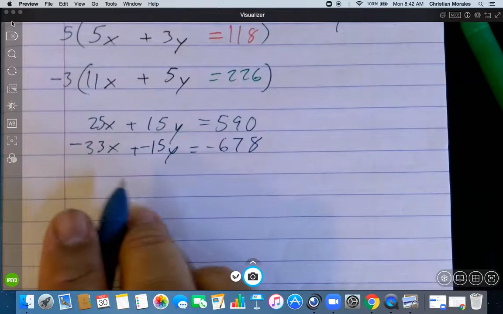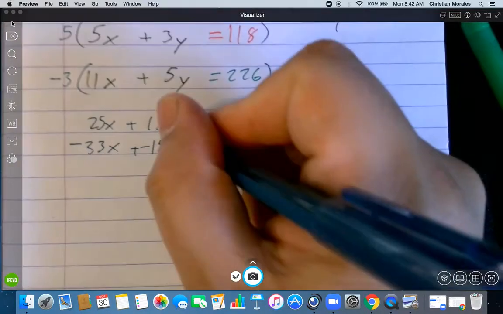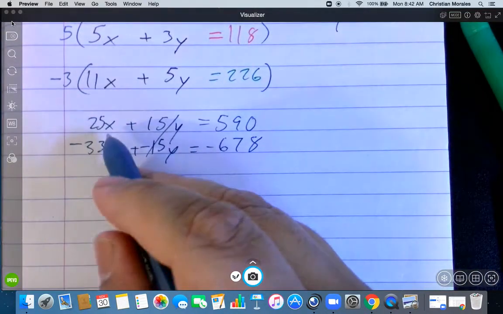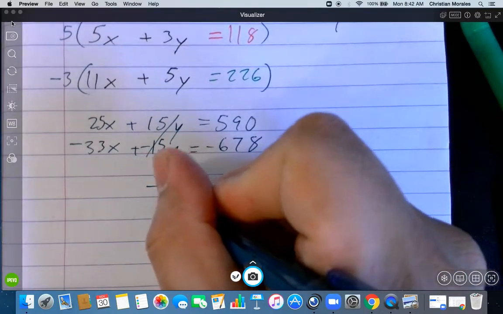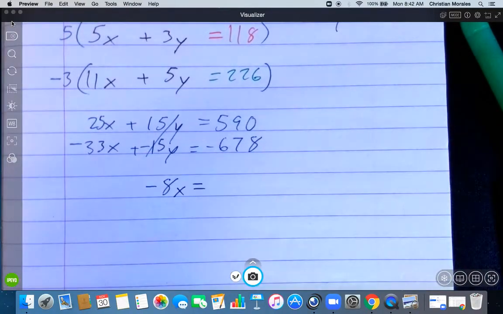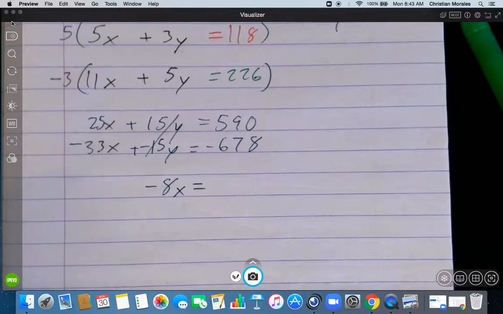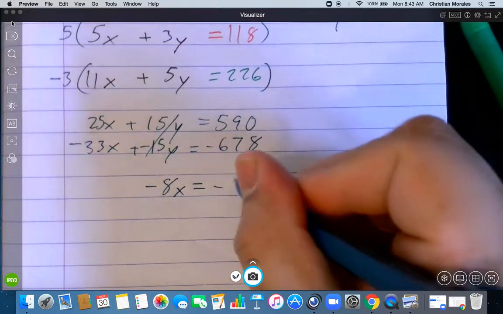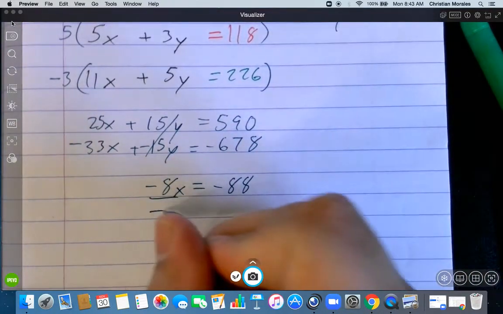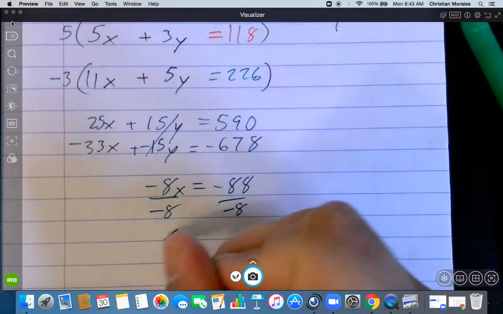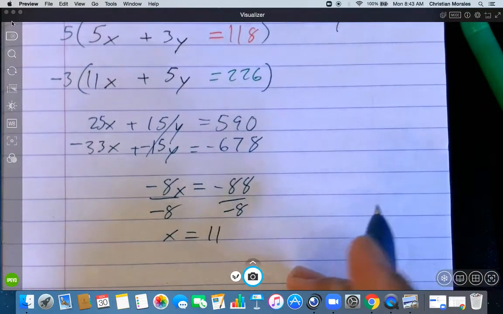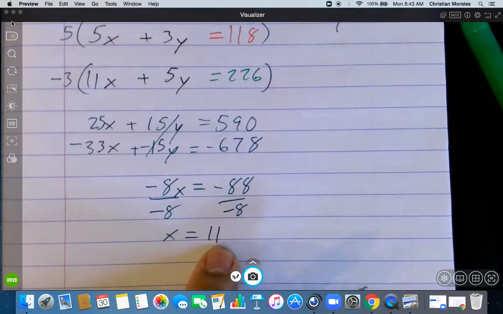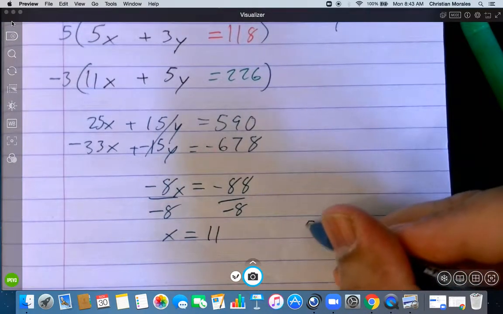Okay, so I just multiplied them. The 15y's will cancel out. I'm going to be left with negative 8x, and on the other side, I get negative 88. I divide that by negative 8. I get x equals positive 11. Okay? Take that 11, plug it into the original problem.